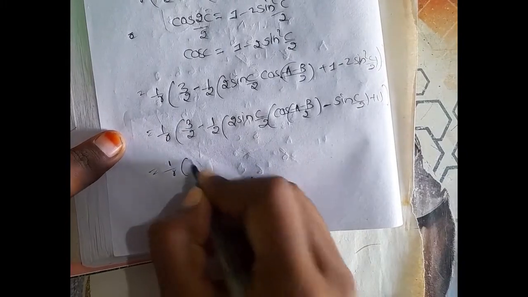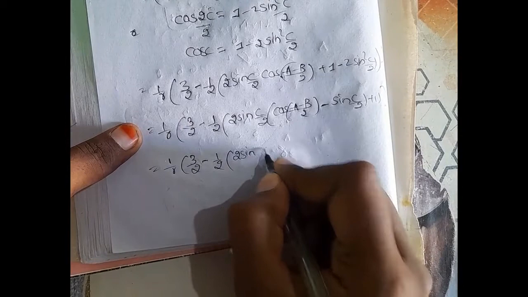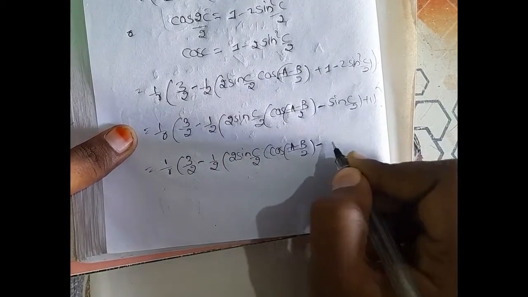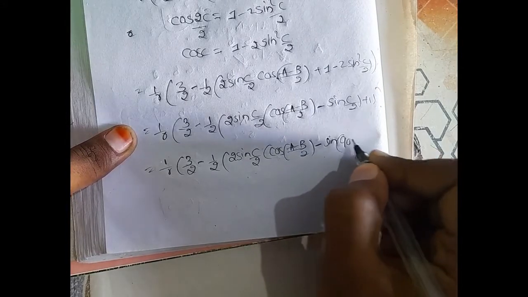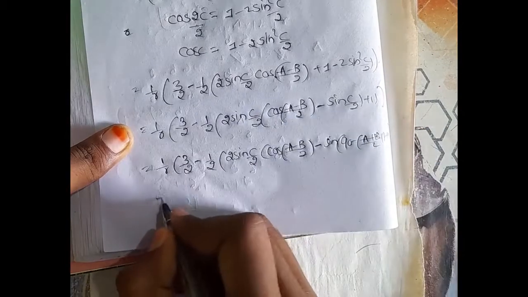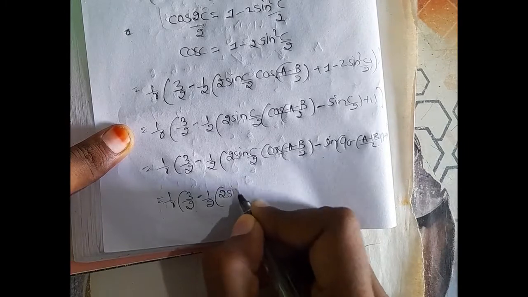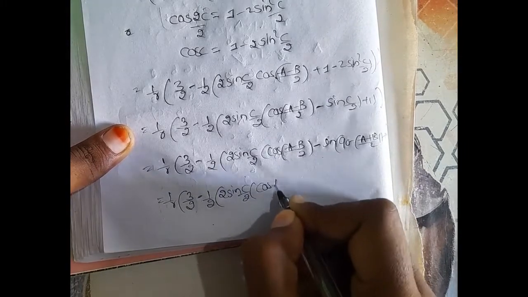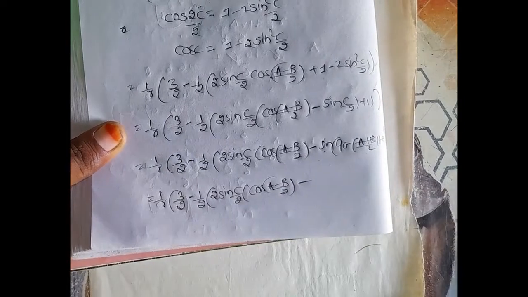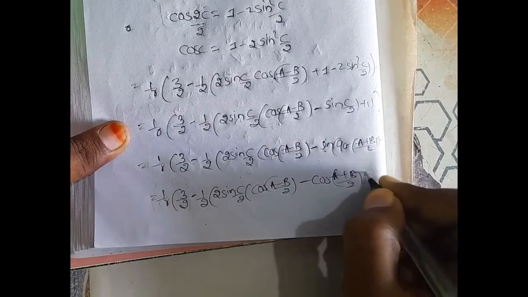Now 1 by R, 3 by 2 minus 1 by 2, 2 sine C by 2 cos (A minus B) by 2 minus sine of 90 minus (A plus B) by 2, plus 1. 2 sine C by 2 cos (A minus B) by 2 minus sine of 90 minus theta. It is cos theta, right? So cos (A plus B) by 2 plus 1.